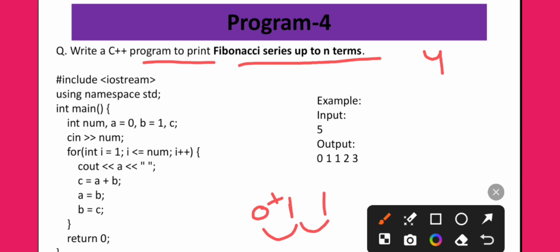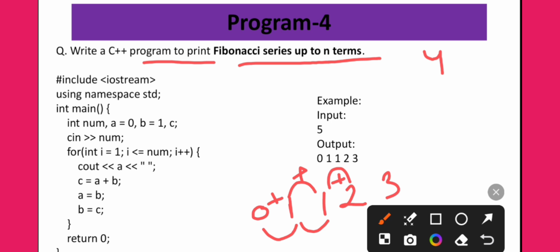The fourth number will be 1 plus 1, that is 2. The next number will be 1 plus 2, that is 3. So like this we will have n numbers, up to n terms. Here we have given you up to 5 terms.